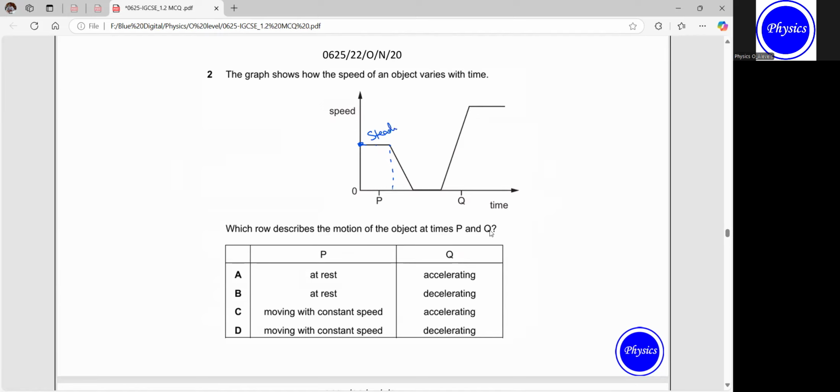And how about Q? It is moving from 0 to some value. That means speed is increasing. Whenever speed is increasing, it is accelerating. So P is steady, constant, and Q is accelerating. So it is C. Okay, the next one.